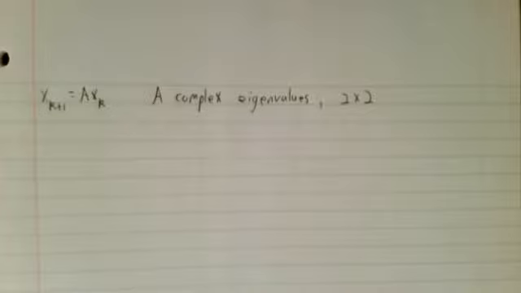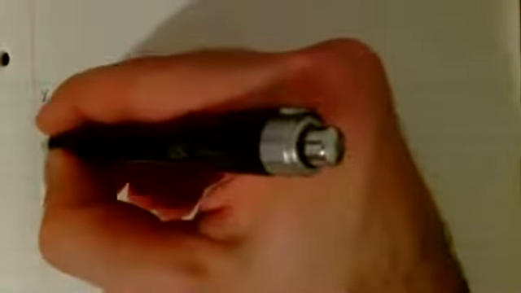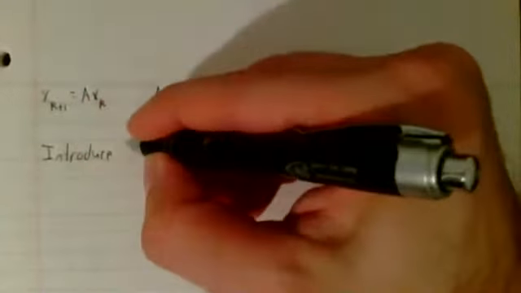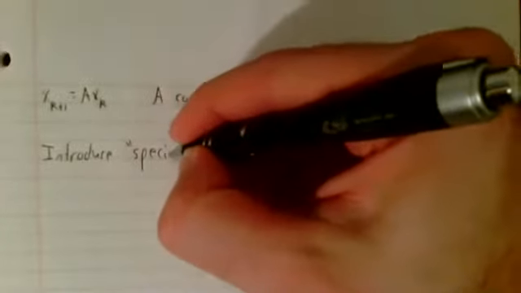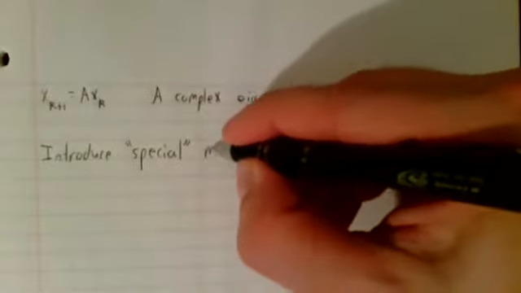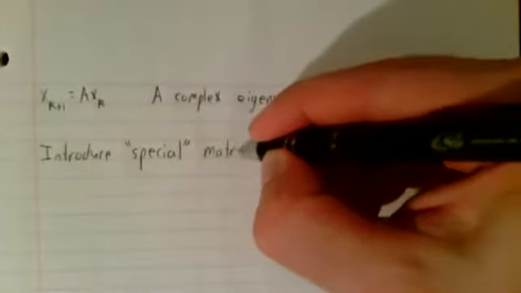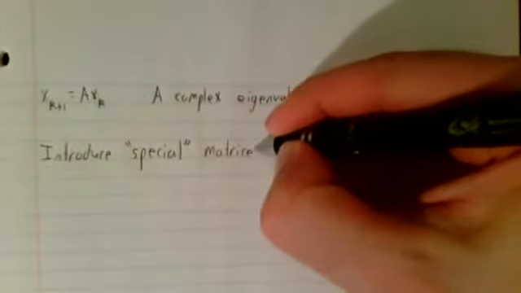Before we begin, let's try to outline the general trajectory that we're going to try to follow here. We're going to introduce matrices of some special form.